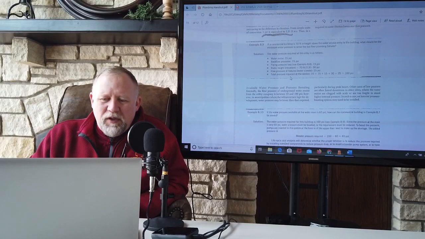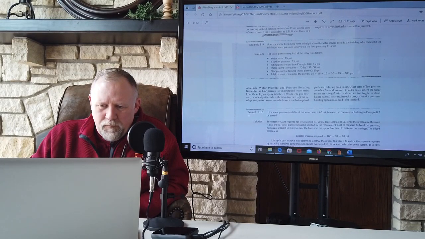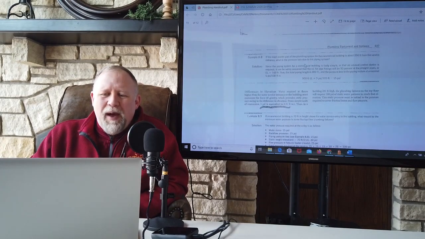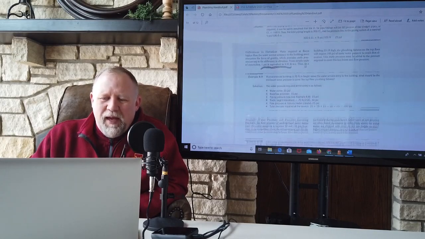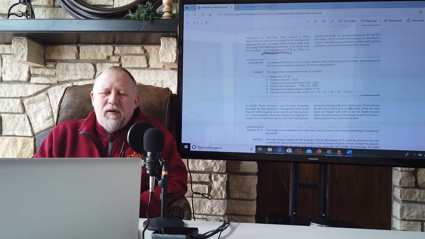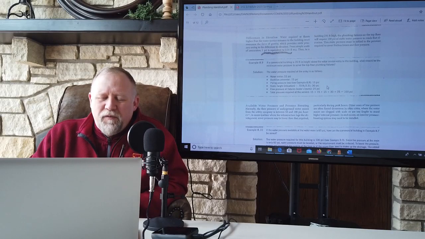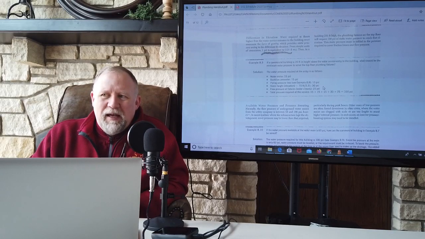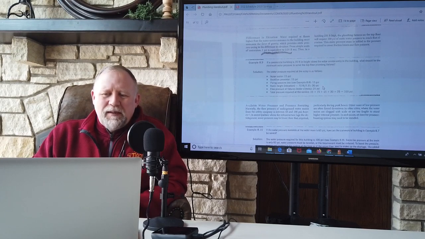The one thing that I want you to do differently, you see where it says piping pressure loss on figure 8.8. If you go back to example 8.8, it breaks out entrance loss and internal friction loss and gives you an allowance to calculate for that internal friction loss. Don't do that.